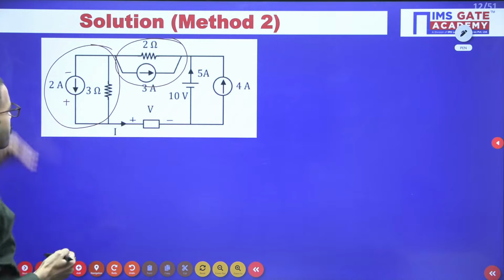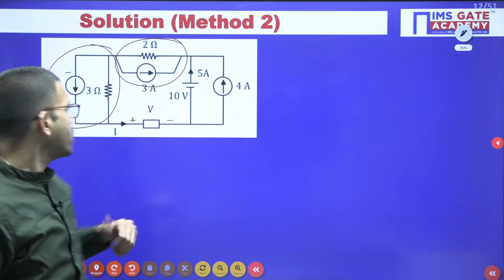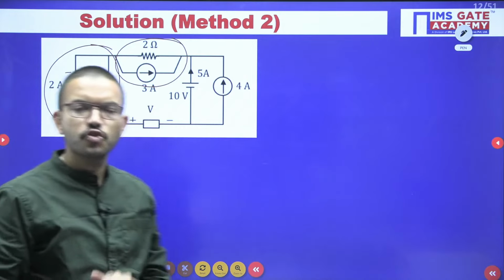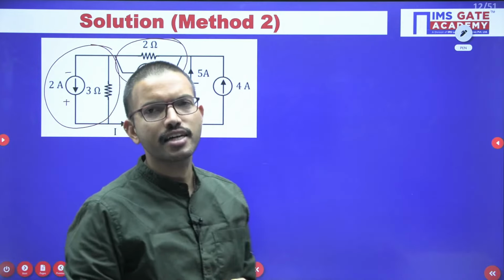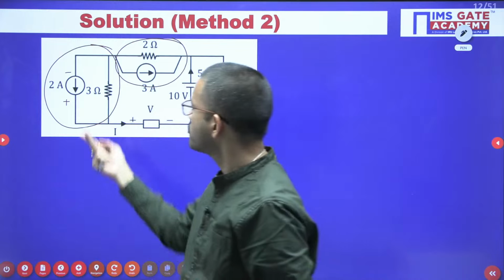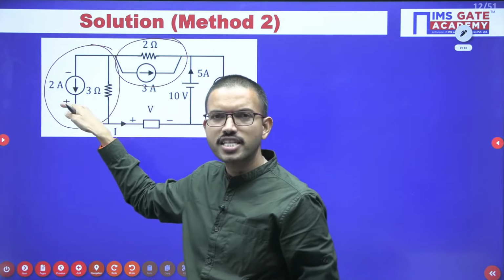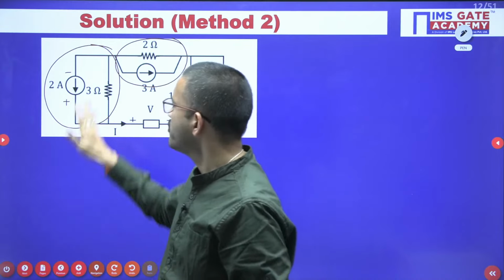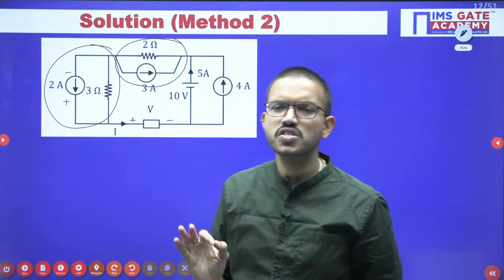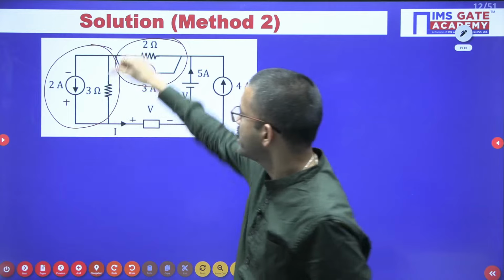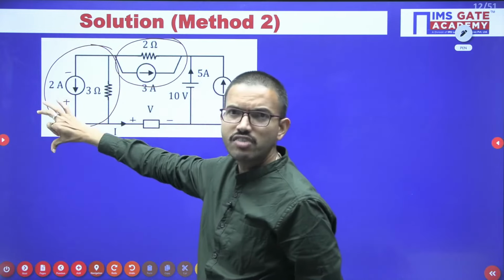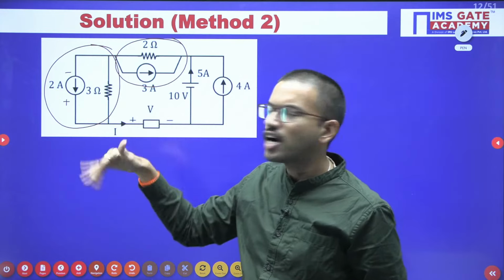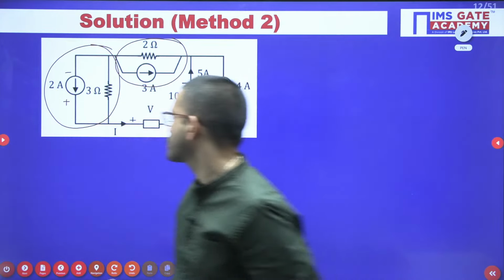When converting a current source in parallel with a resistor into a voltage source, students get confused about whether to take the polarity as plus minus or minus plus. No need for any confusion. It is very simple. Whether it is a current source or a voltage source, current should always enter at the negative terminal and leave at the positive terminal. Remember any one point, and the other is automatically valid, right?